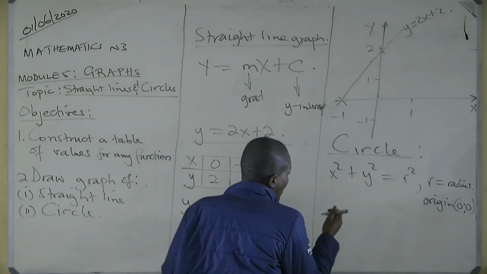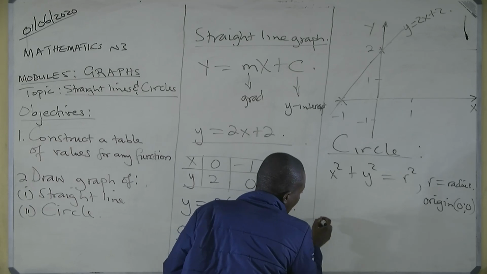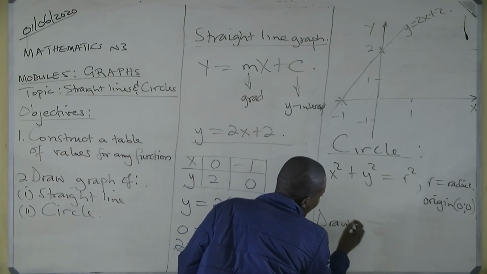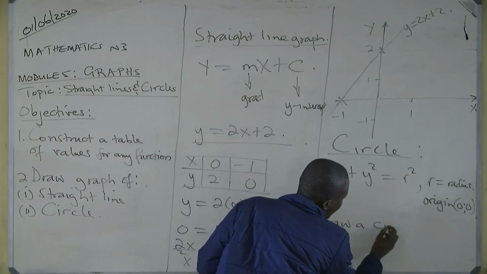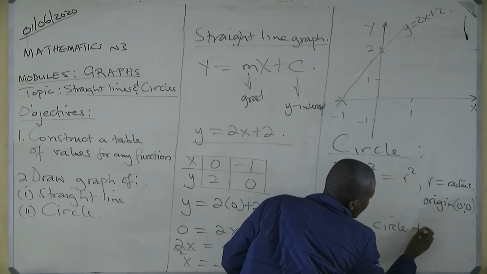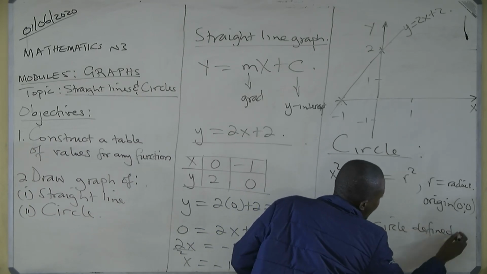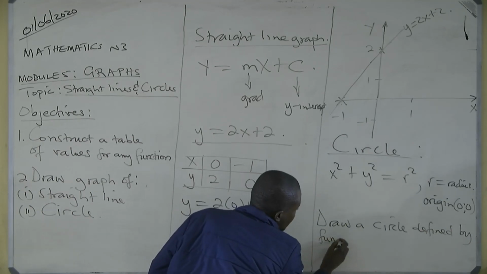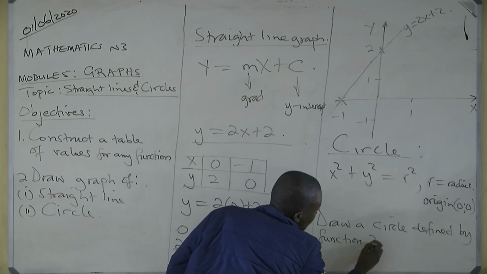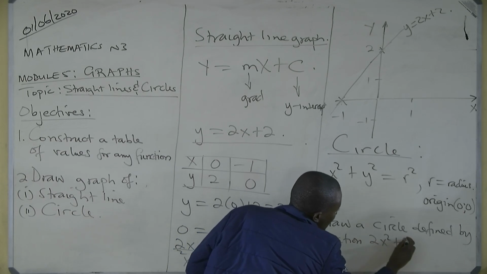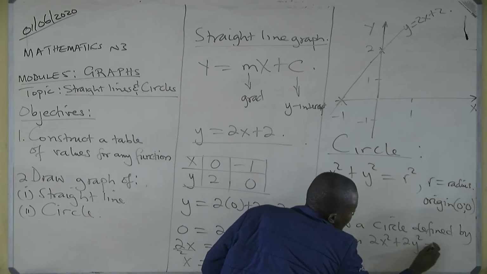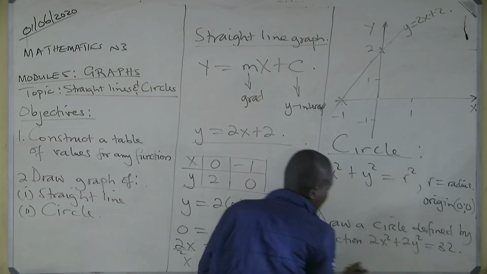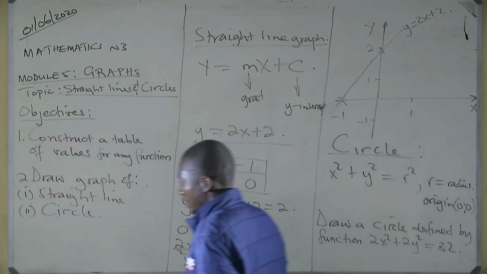Now, as an example, let's look at a circle. Draw a circle defined by the function 2x squared plus 2y squared is equal to 32.